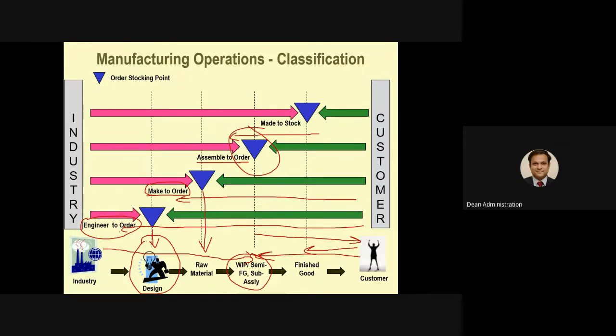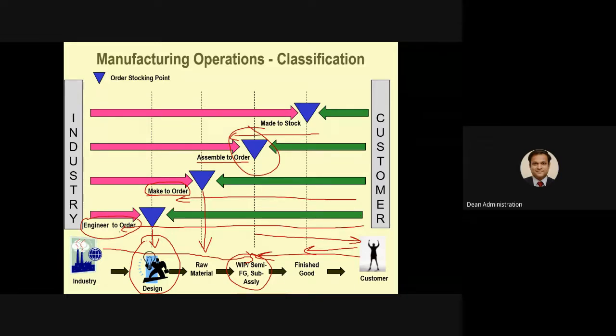But any R&D project, project which starts from R&D itself, wherein you have to start doing a lot of work in research. You have to go ahead and think out the plans in detail, where you have to do a lot of calculation and engineering work, okay, to begin with, design work actually. That would come under engineer to order.